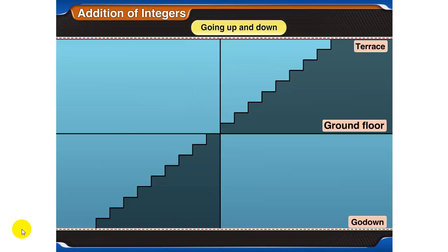Addition of integers. Going up and down. In Mohan's house, there are stairs for going up to the terrace and for going down to the go-down. Let us consider the number of stairs going up to the terrace as positive integer, the number of stairs going down to the go-down as negative integer, and the number representing ground level as 0.